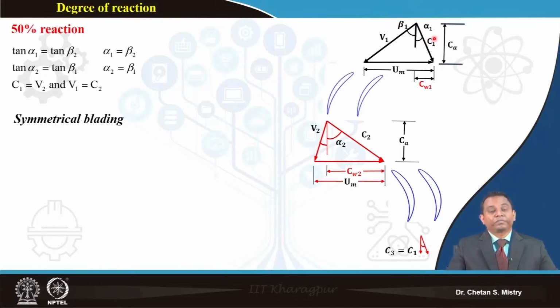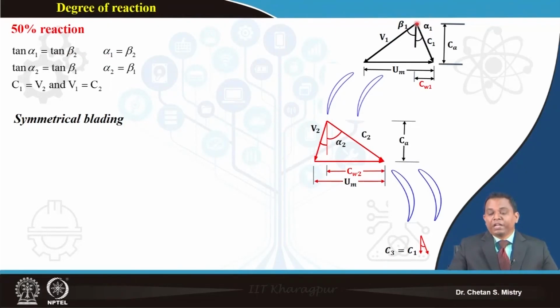Here I will have my angle alpha 1, and based on your velocity understanding, my flow enters the rotor with my relative velocity V1. Okay, and it comes out of my rotor at some angle, which I call my angle beta 2. Now according to our concept for 50% reaction, I have alpha 1 equal to beta 2.